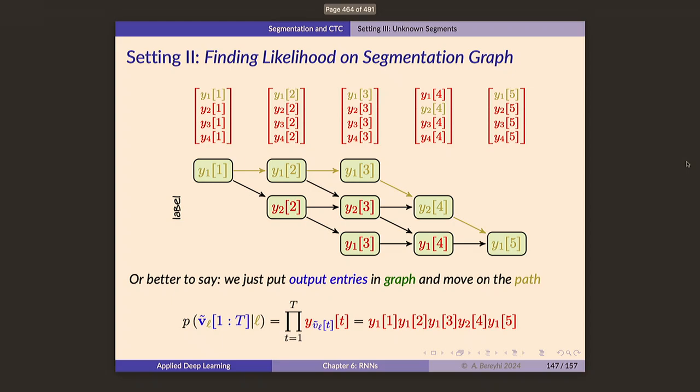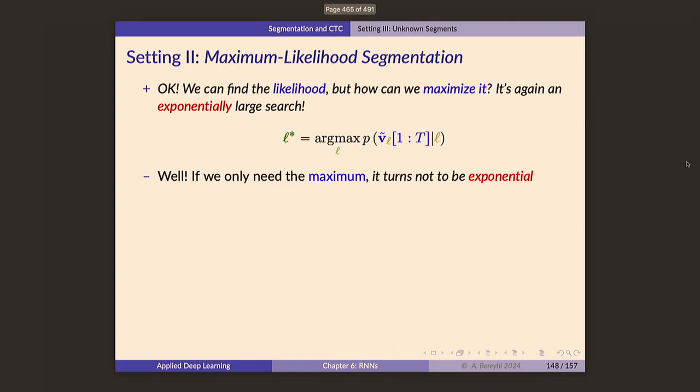For every label, you take the corresponding probability computed by your neural network, and when you move over your particular path, you multiply everything you see on your path. That's the likelihood of that path. Any other path has its own likelihood. And if you want to do maximum likelihood, you just find the one which has the maximum likelihood in every iteration.